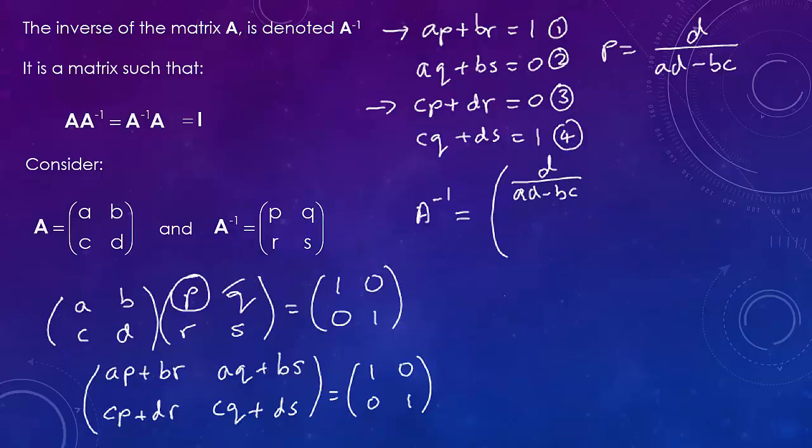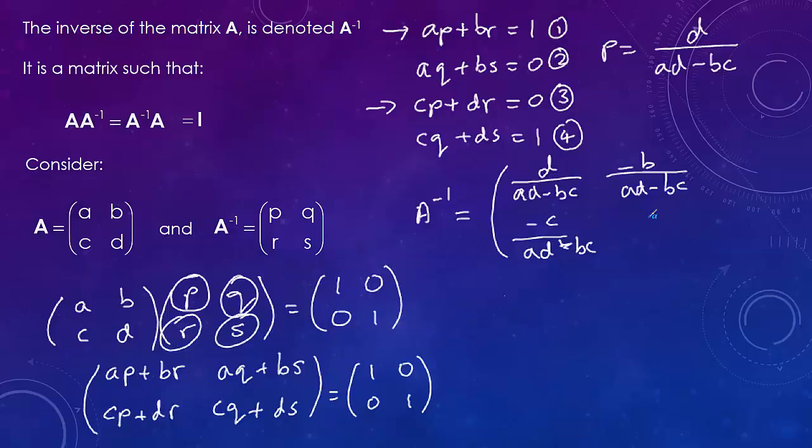It turns out that Q ends up being minus B over AD minus BC. The R ends up being minus C over AD minus BC.